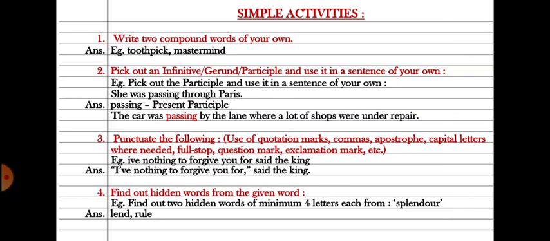Pick out the participle and use it in a sentence of your own. She was passing through Paris. Answer: passing, present participle. Sentence: the car was passing by the lane where a lot of shops were under repair.